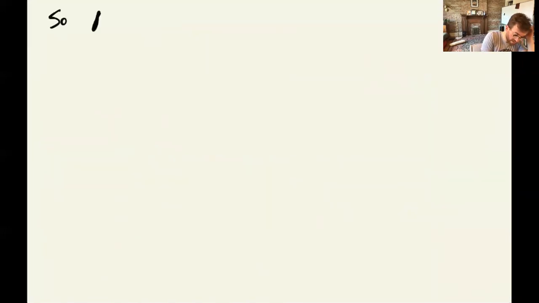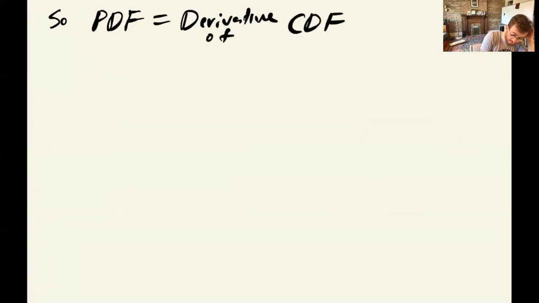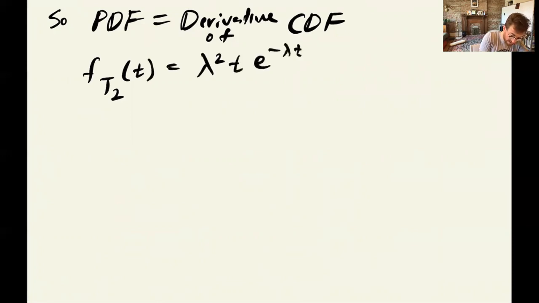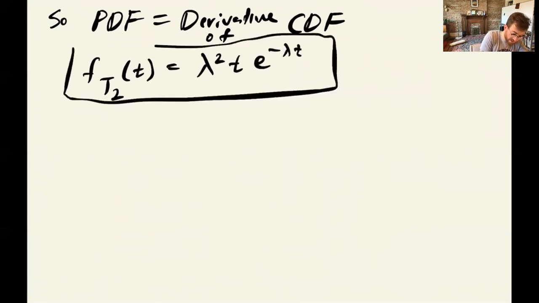So the PDF equals the derivative of the CDF. Consequently, we got that the probability density function for the time of second arrival was lambda squared t e to the minus lambda t, which you can just double check for yourself by differentiating the expression above.